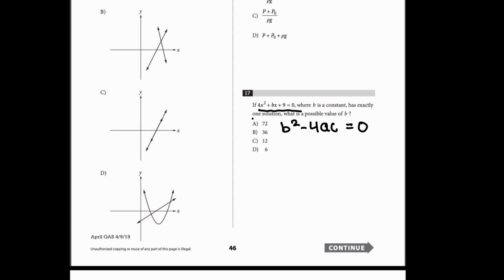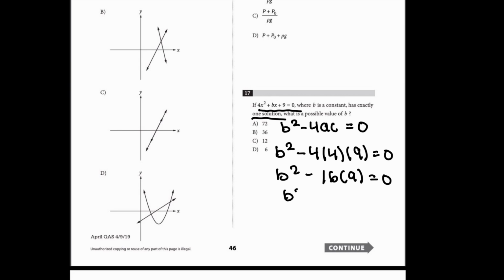And just plugging in the values, b is unknown, so we leave it as b squared, minus 4. A is 4 in this situation, so we plug in a 4, and c is 9, equals 0. So minus 16 times 9 equals 0.